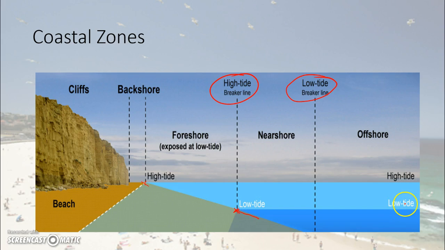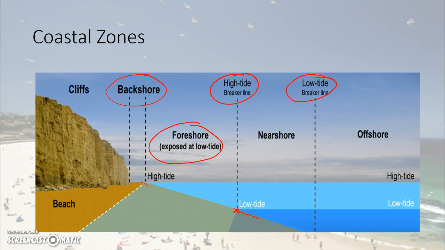Now, when it's talking foreshore, the foreshore is what we would call the beach area that is exposed when the tide is out. The backshore is the area of the beach that is always exposed, except potentially it can be covered at times by waves in extreme conditions.